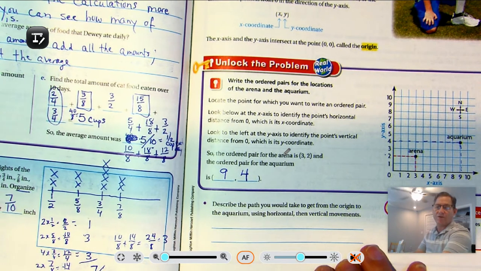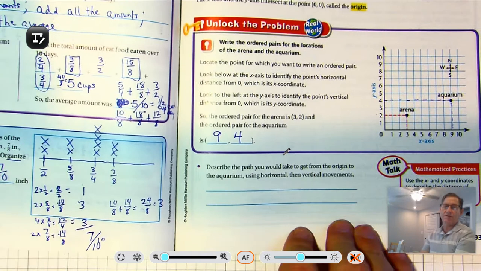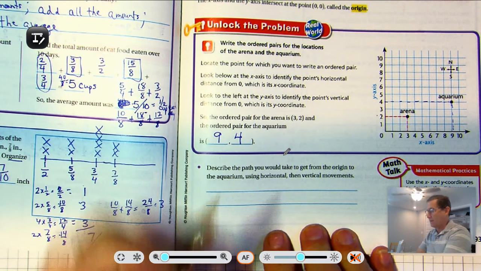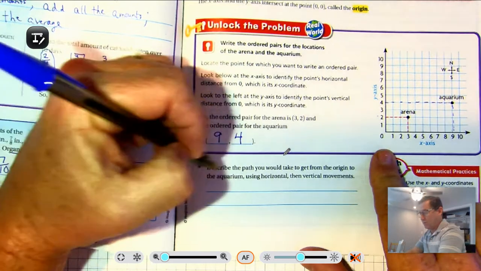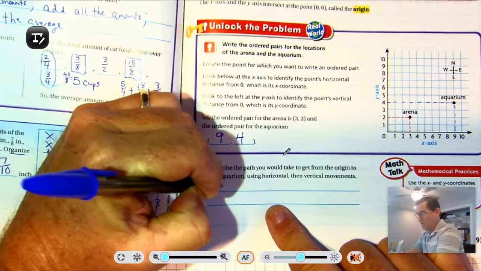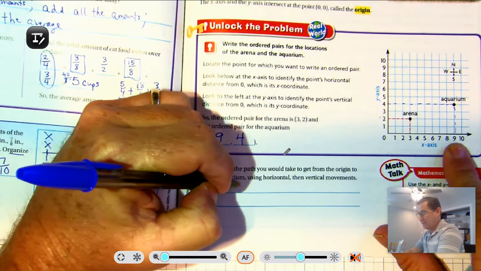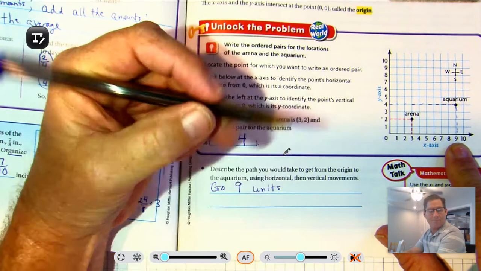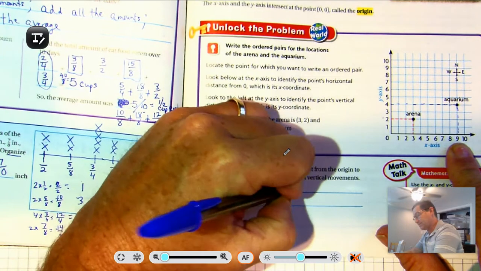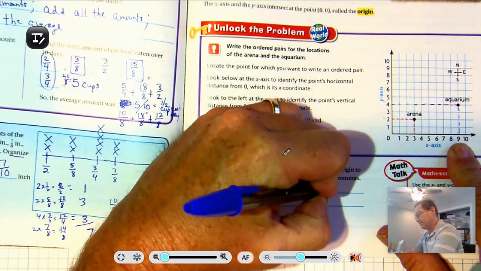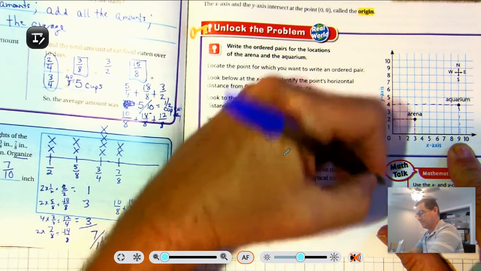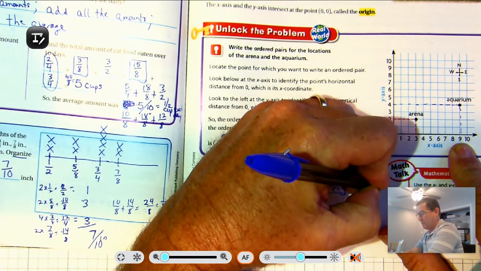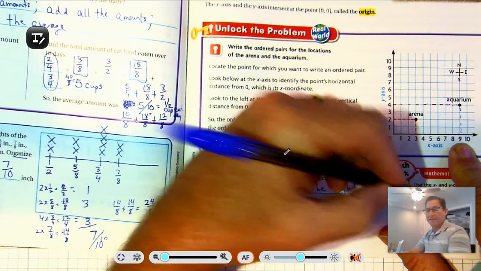Describe the path you would take to get from the origin to the aquarium using horizontal, then vertical movements. From the origin, go 9 units to the right, horizontally.